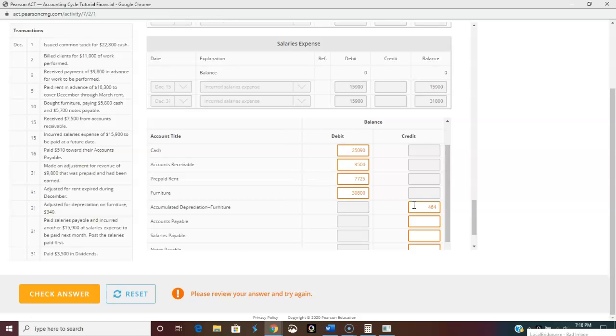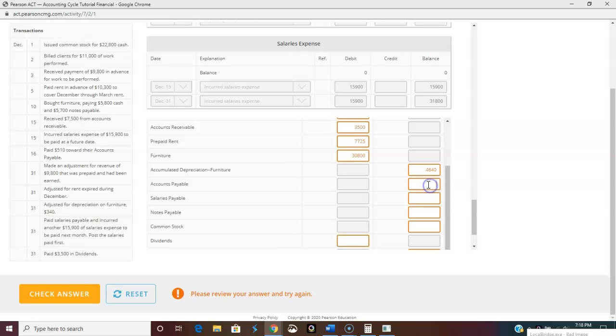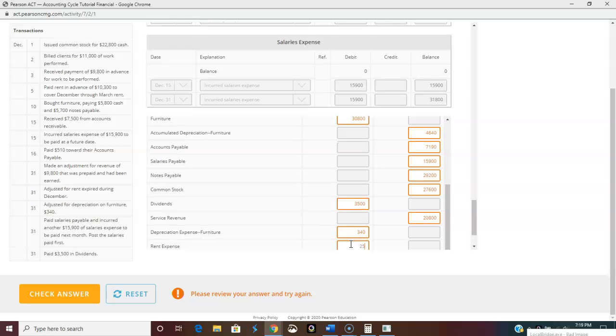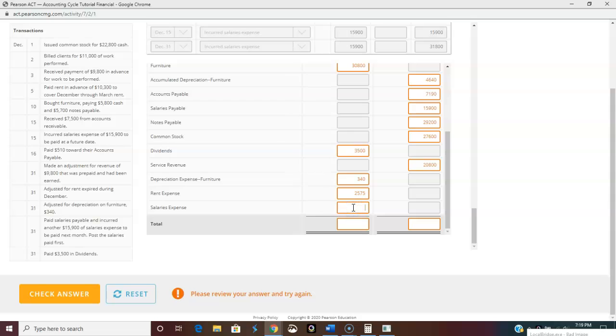Accumulated depreciation is $46.40. Oops, accounts payable, $71.90. Salaries payable, $15.09. Notes payable, $29.2. Common stock, $27.6. Dividends, $35. Service revenue, $20,800. Depreciation expense is $340. Rent expense, $25.75. Salaries expense, $31.08. And then they want you to add them up.